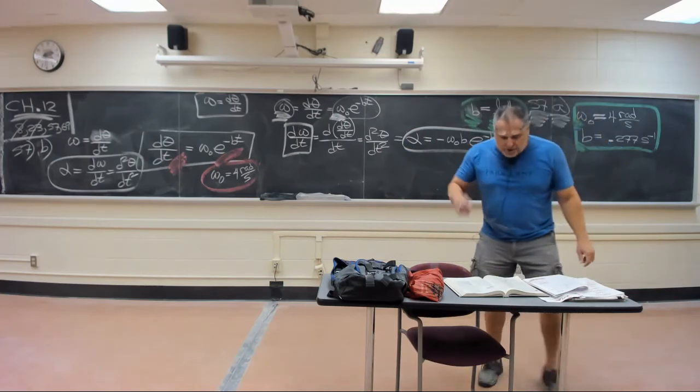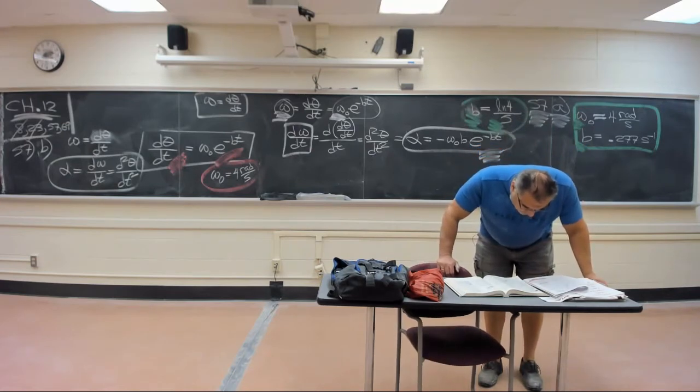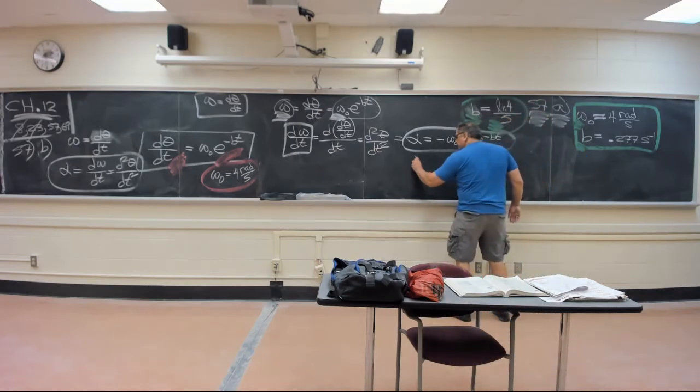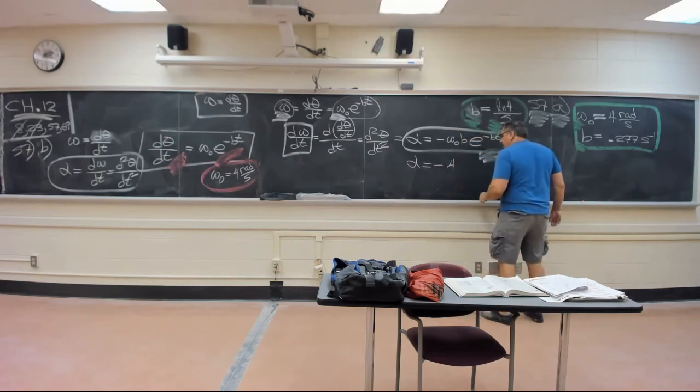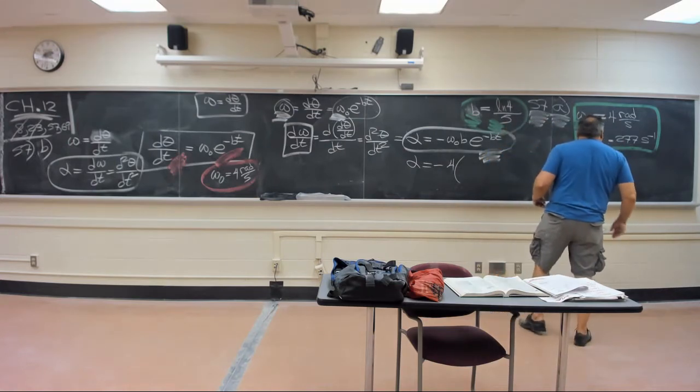What is the angular acceleration of the disk at t equals 5 seconds? Tell you what I'm going to do. We already discovered that omega 0 was 4. We said a lot of things about b, didn't we? But we said b was, well, what am I even worried about here? It's negative 0.227.